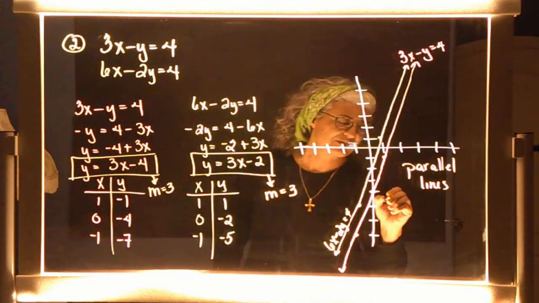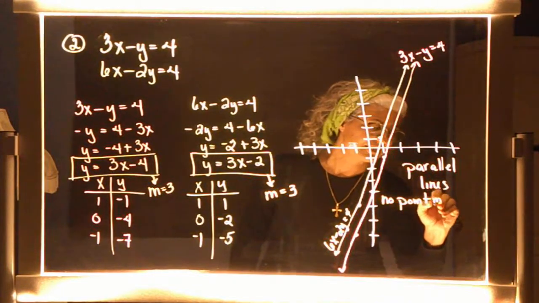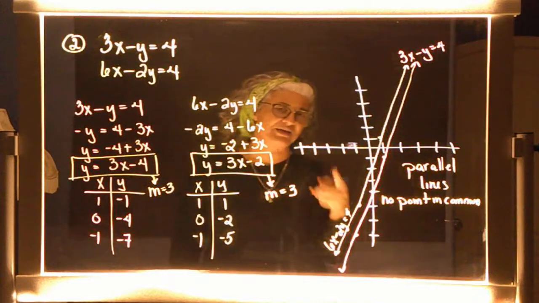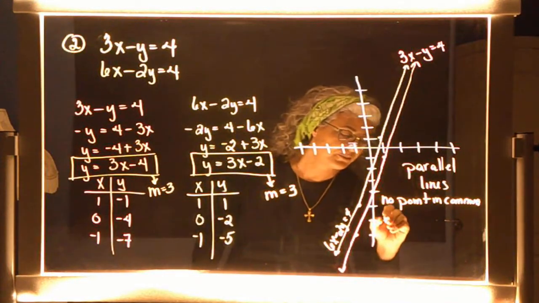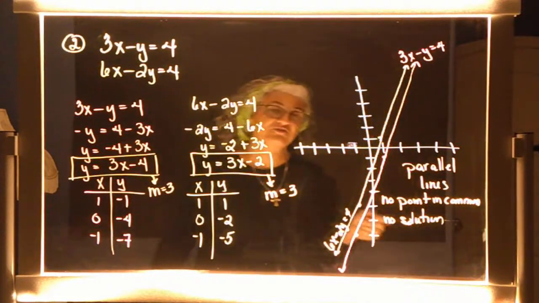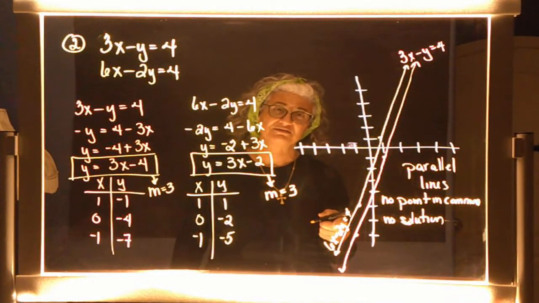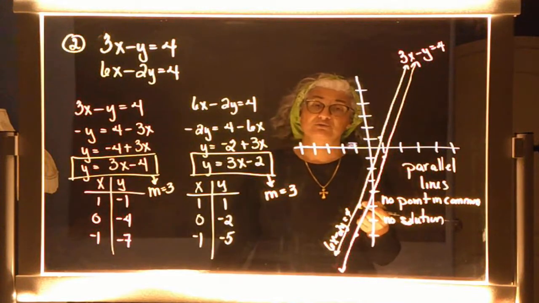No point in common, right? Parallel lines, no point in common. So if there's no point in common, do I actually have a solution? Nope, I don't have a solution then. There's no point in common, therefore there's no solution. With me? Okay. I found a problem where there's no solution here.